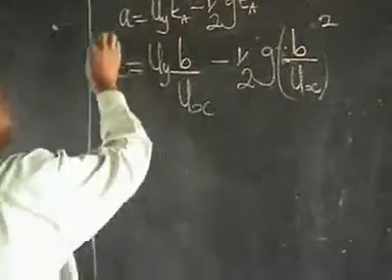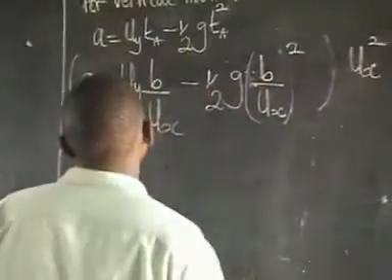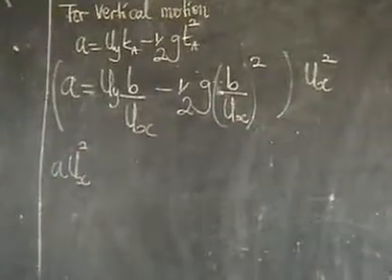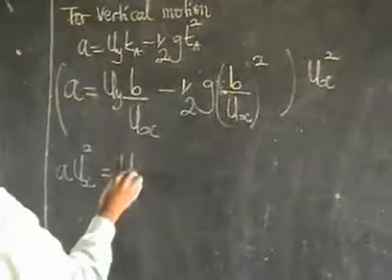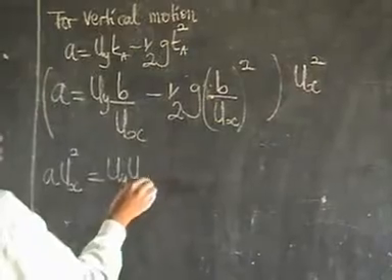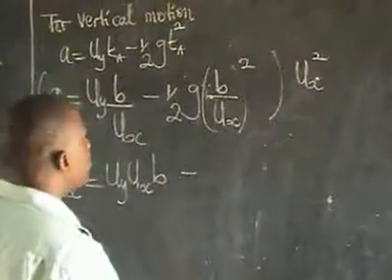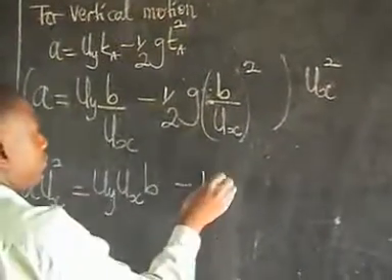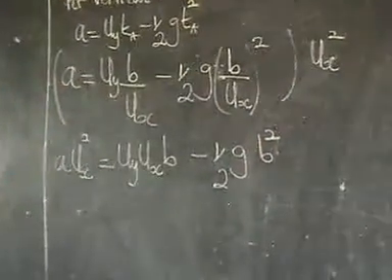I'm going to multiply this by ux squared. So we shall get a ux squared is equal to uy ux b minus a half g b squared.